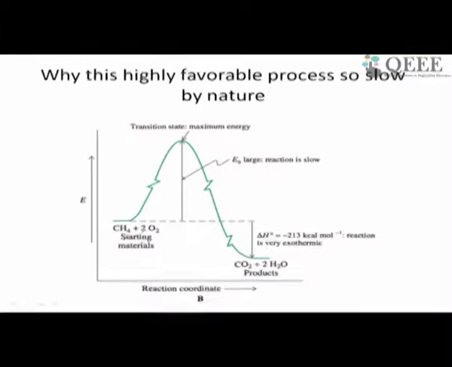Here is the diagram which explains the process I just described. Methane and oxygen, the energy level is originally here, and when you give a spark or a little heat, then very few molecules, maybe a few milligrams of the molecules, quickly attain this transition energy. The transition state is a state in which bond breaking and bond forming are in equal state.